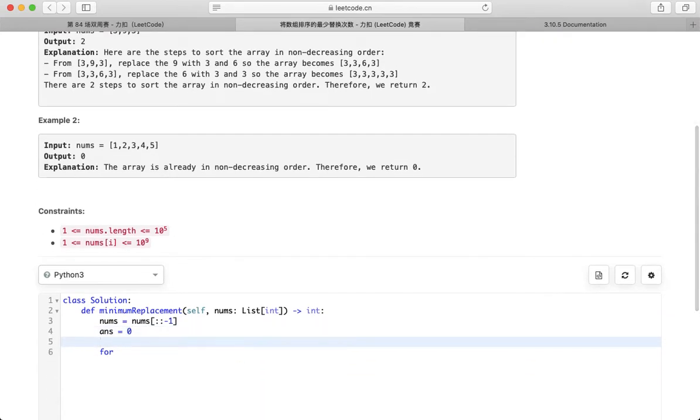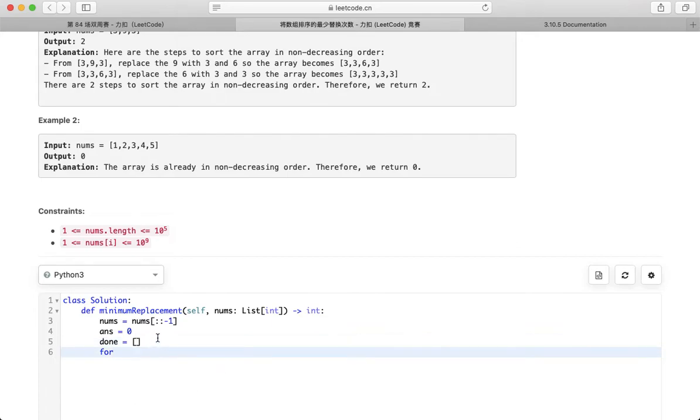For simplicity... okay, no, it's too much space.